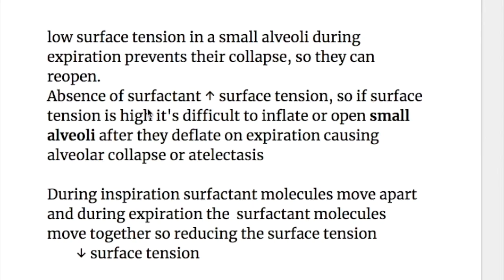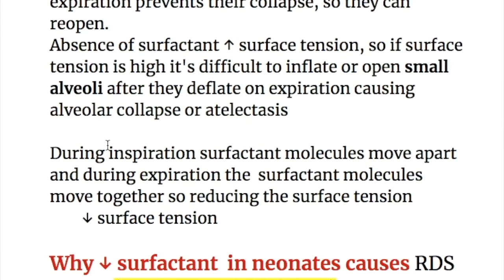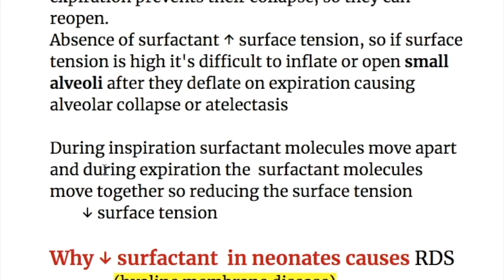Absence of surfactant increases the surface tension, and if the surface tension is high, it's difficult for the smaller airway or a small alveolus to inflate or reopen after they deflate in expiration, causing alveolar collapse or atelectasis. During inspiration, surfactant molecules move apart, and during expiration, the surfactant molecules move together, so reducing the surface tension.